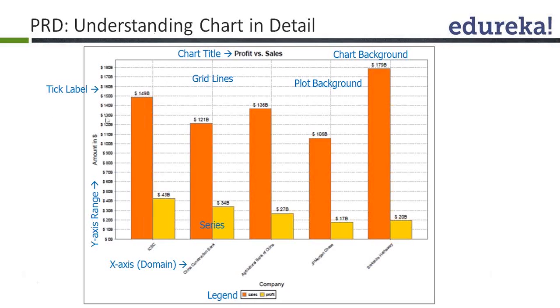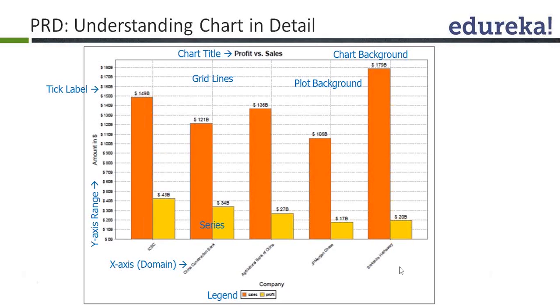Then these are the tick labels. Here they're customized, 150B, meaning we added a format. Just like here we have added a format for value, we have added a format for the y-axis. So you can do this on your own, and in case of any issues we can discuss again. This is the y-axis range, you can see horizontally.